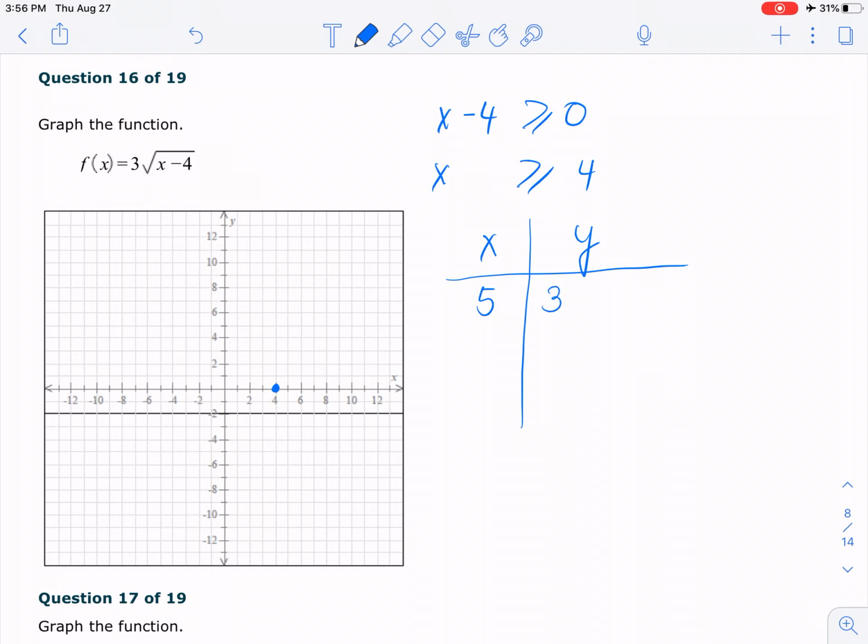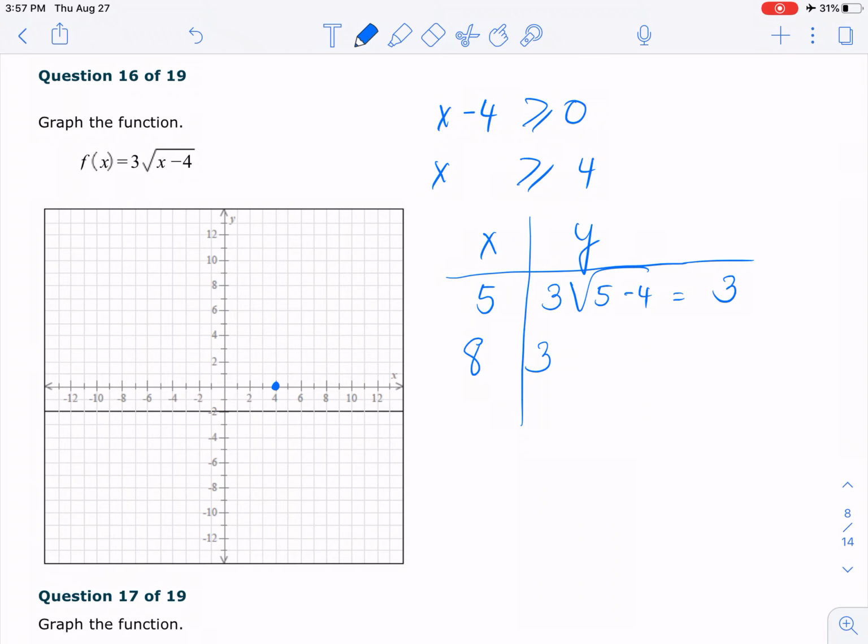So the answer is going to be 3. Okay, and then you can pick 8. I tried to get 4 under the radical, so that's why I pick 8. So I have 8 minus 4, which is 4, square root is 2.